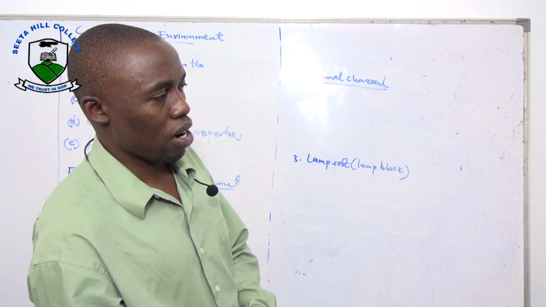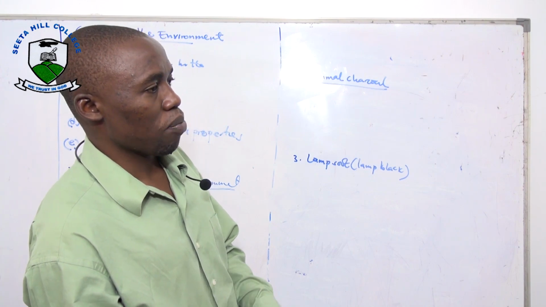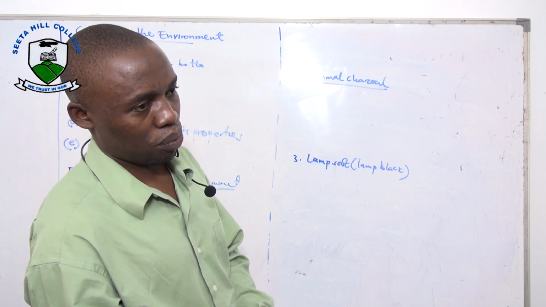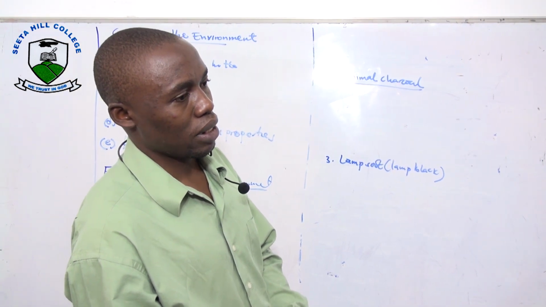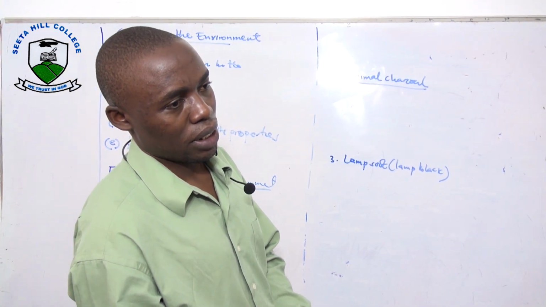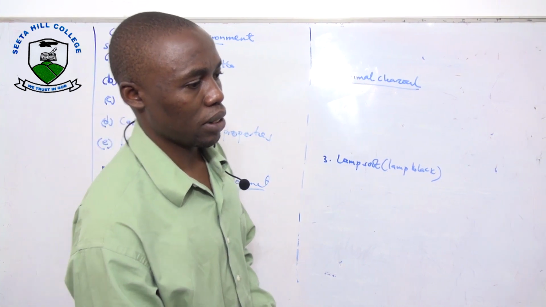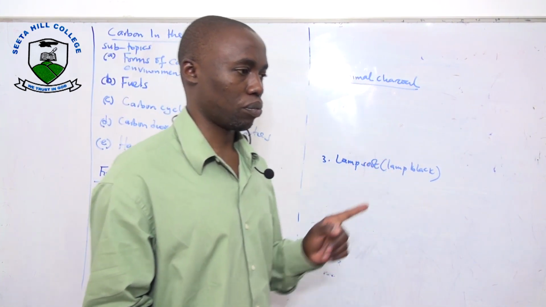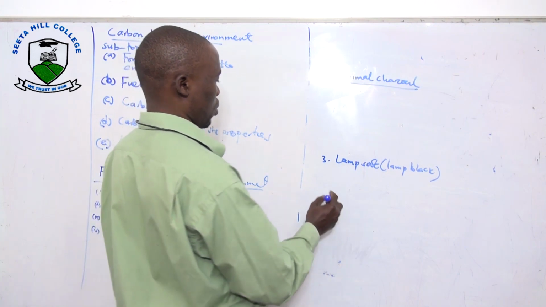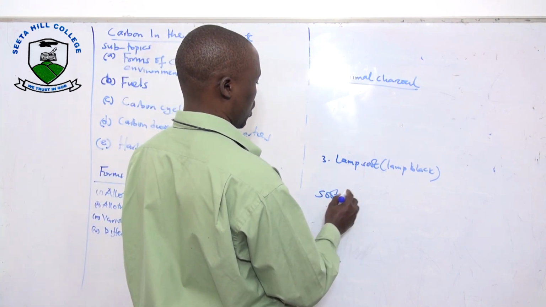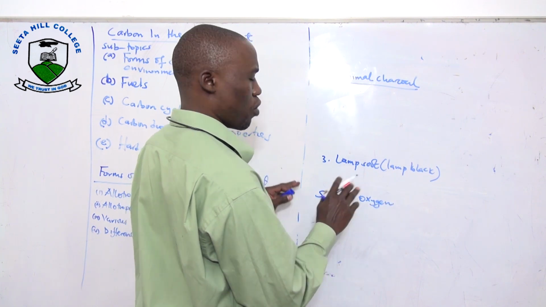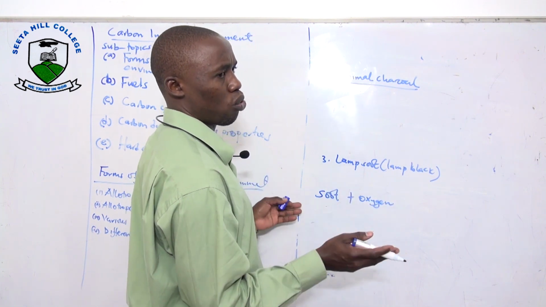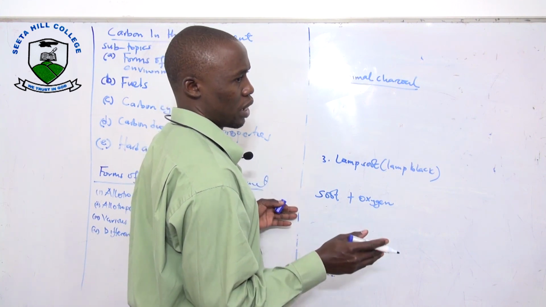Now, if we burn carbon alone, it is a chemical change that produces, listen, soot plus what? Oxygen, or any form of carbon, like charcoal, plus oxygen.